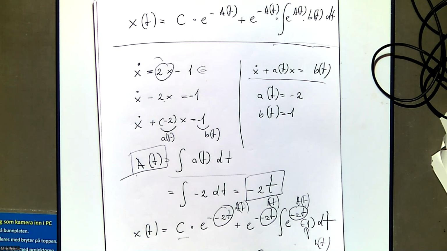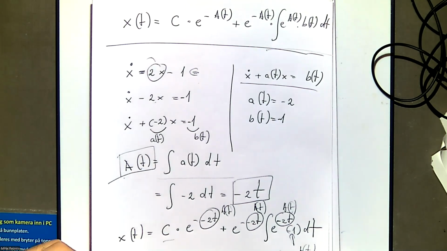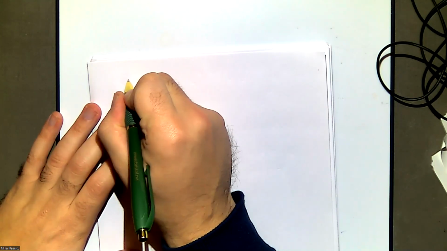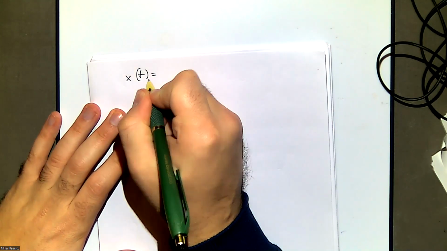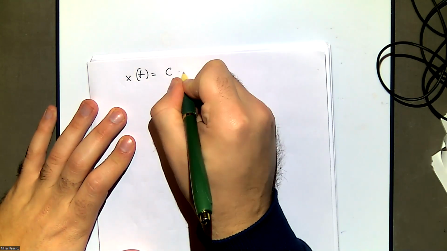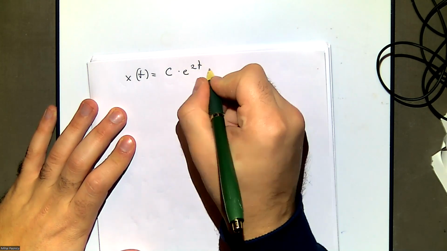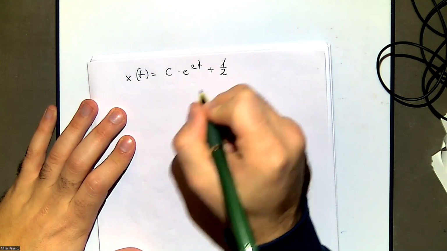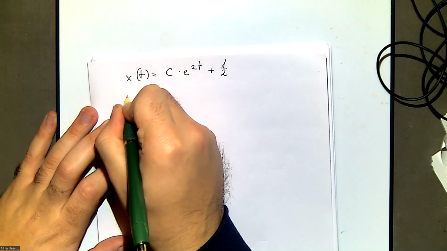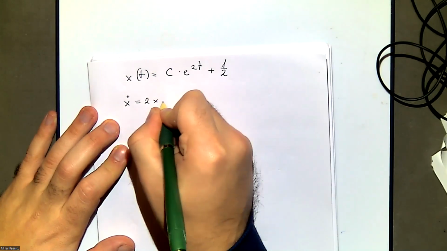Now, how do you check if we did it correctly? You don't have to check unless you want to or the problem asks you to, but how would we check? My solution is x of t equal to a constant times e to the power of 2t plus a half, and my equation was x dot is equal to 2x minus 1.